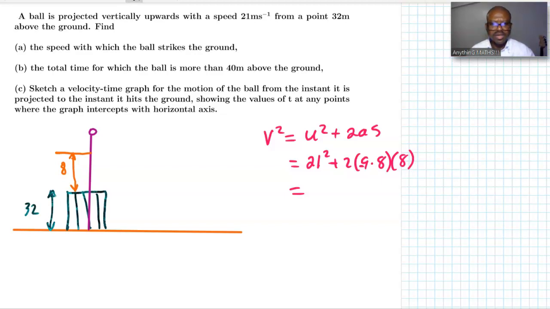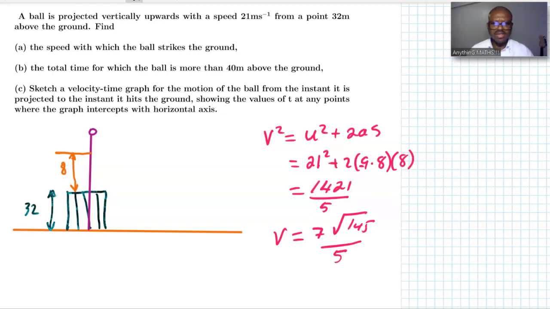I'm going to have 1421 all over 5, and then the velocity will be the square root of that, and that gives us 7 root 145 all over 5.